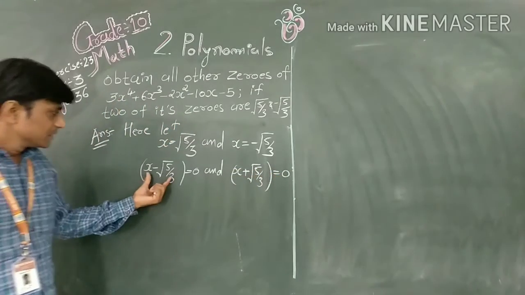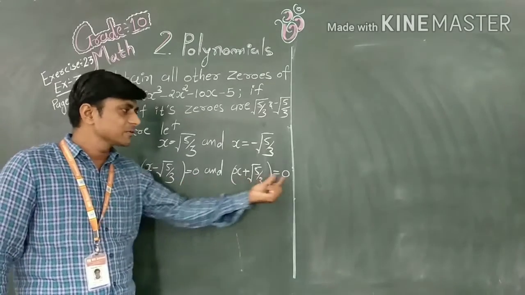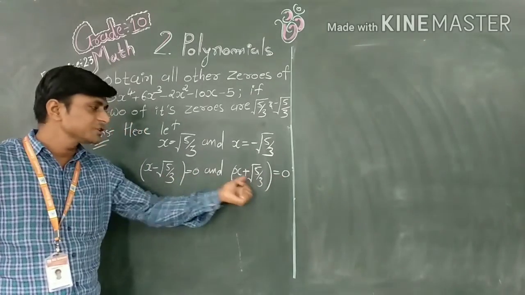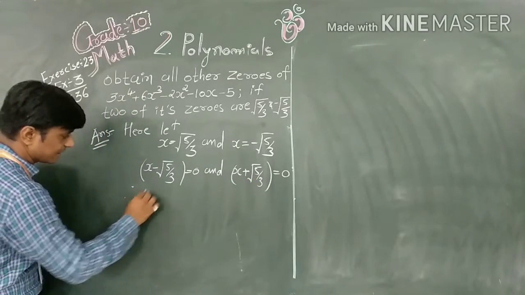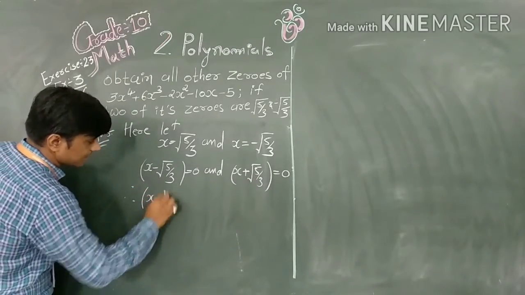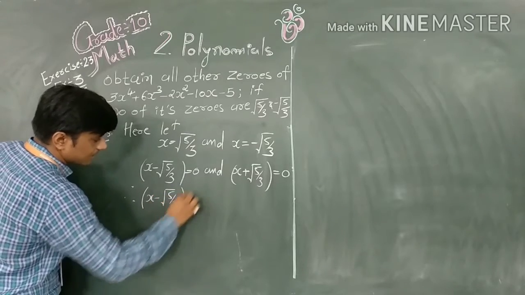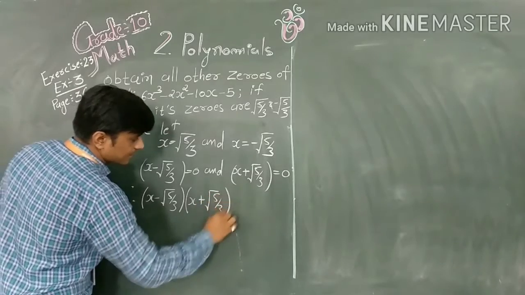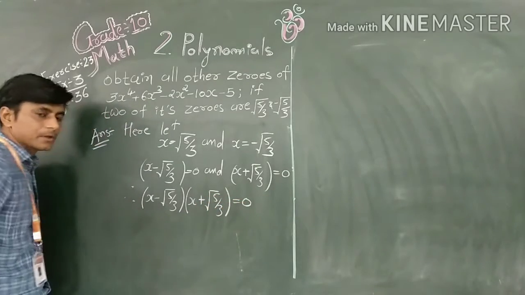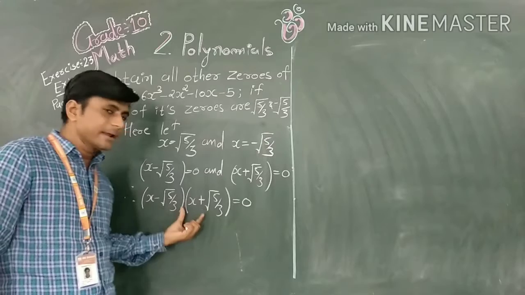Now look, this is equal to 0 and this is equal to 0. That means the product of these two brackets is also 0. Therefore we write x minus under root 5 upon 3 into x plus under root 5 upon 3 is equal to 0.